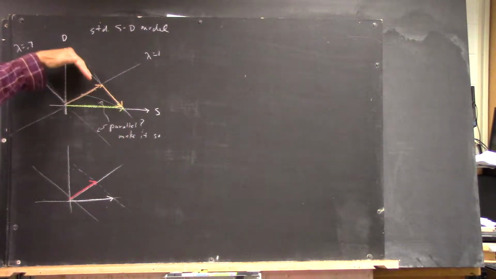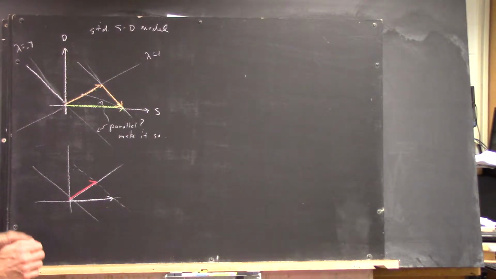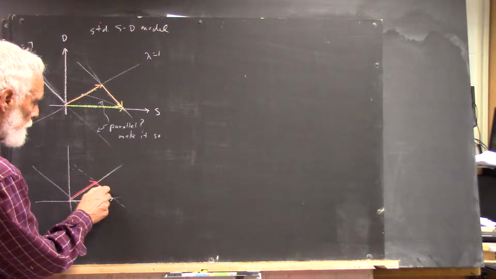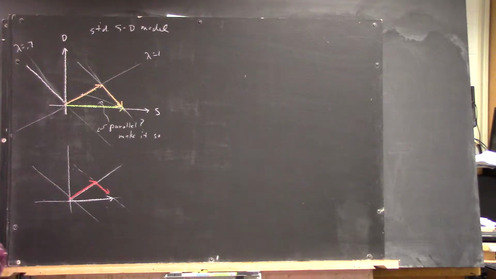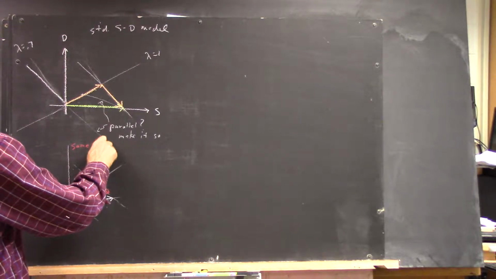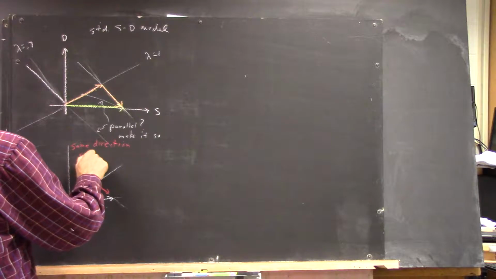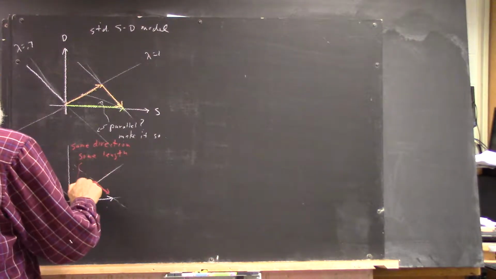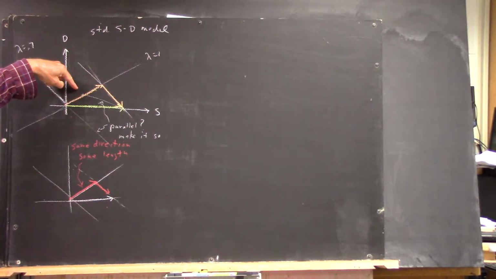70% shorter. Same direction, only 70% as long, right? So it was this long, now it's only going to be 70% of that. Okay? So what we can say is this one has the same direction, same length as this one, right?